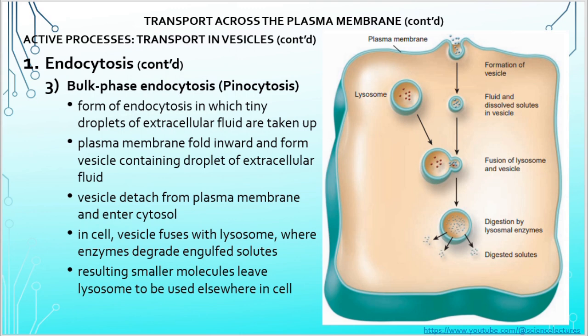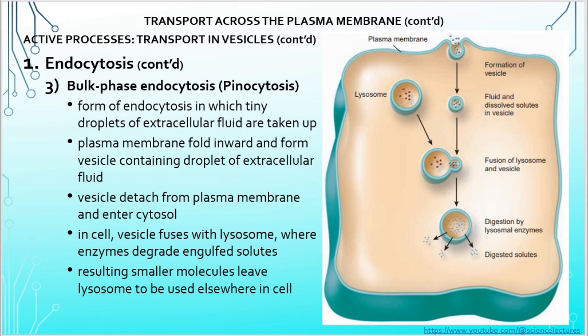Most body cells carry out bulk phase endocytosis, also called pinocytosis, which is a form of endocytosis in which tiny droplets of extracellular fluid are taken up. No receptor proteins are involved. All solutes dissolved in the ECF are brought into the cell.